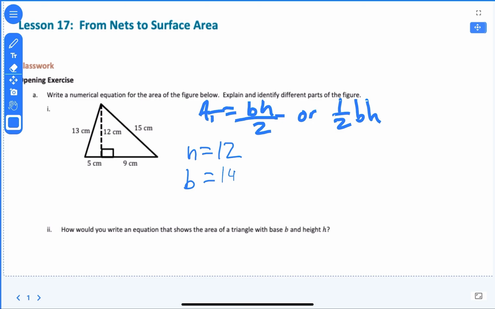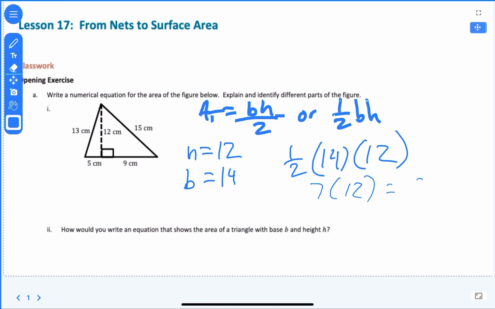Base is 14. So, half the base times the height. 7 times 12 is 84 centimeters squared. Does everybody see that? Are you taking notes on that?